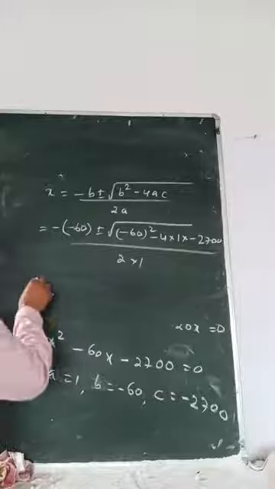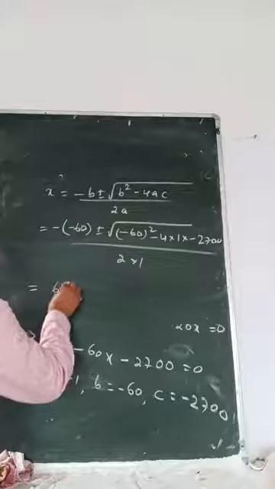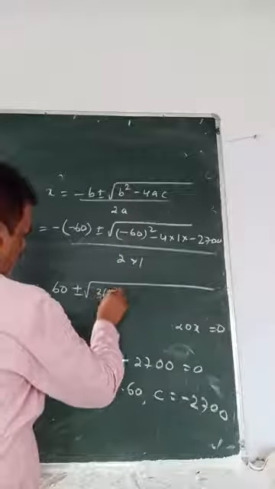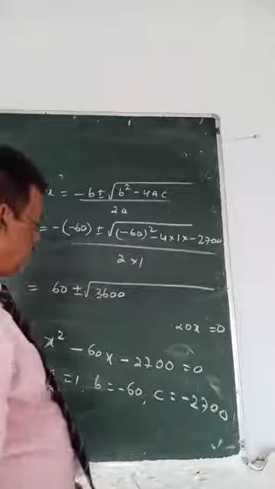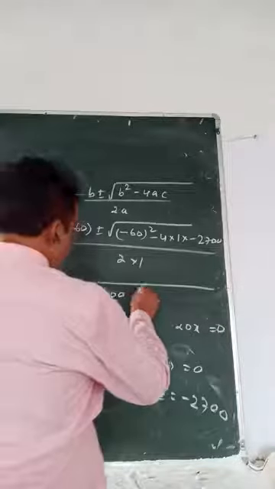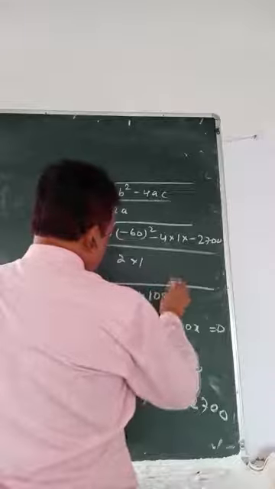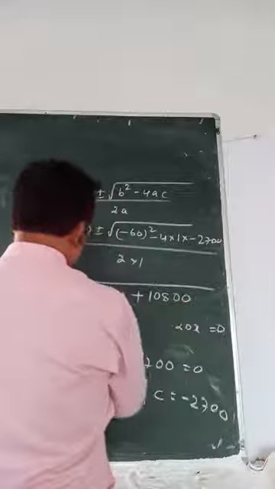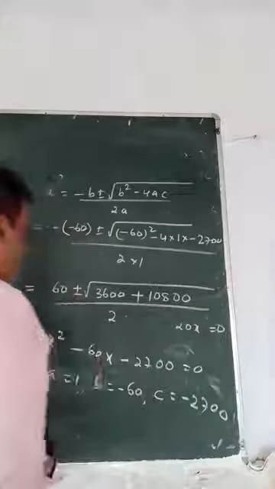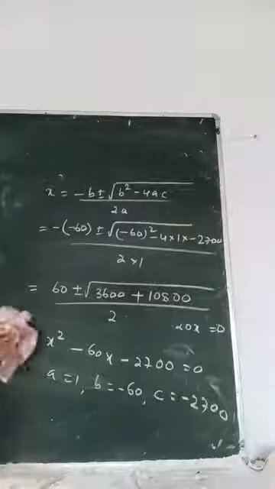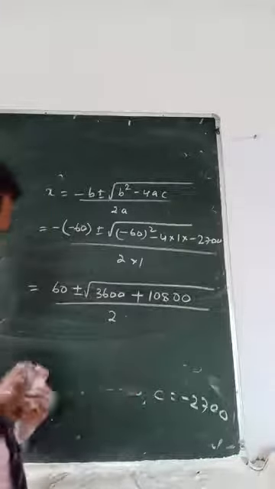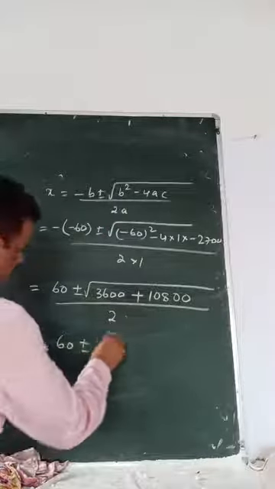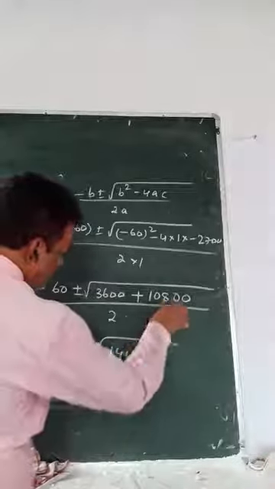Okay, 60 plus minus, 60 square is 3600. Then this you multiply, 27 into 4 is 108, then 2 zeros, over 2. So 60 plus minus root of 144, then 2 zeros.